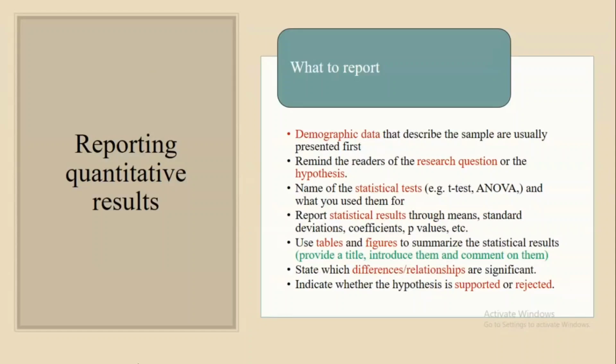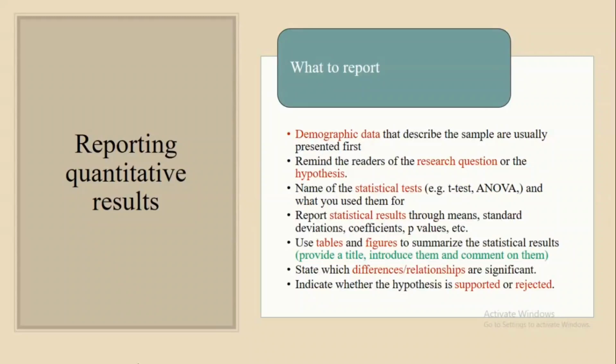When you report the quantitative results, when you start writing the results or the analysis section, think about what you need to report. First, normally we start with the demographic data that describe our sample: who participated in this study. In quantitative research, the sample is large, right? So you need to mention the number, the nationality, the age of the participants, describing the sample using demographic data.